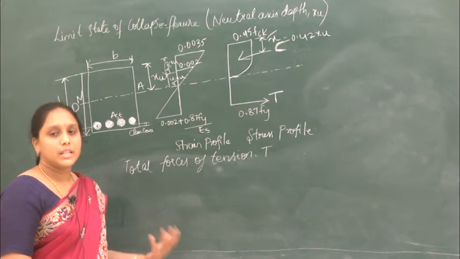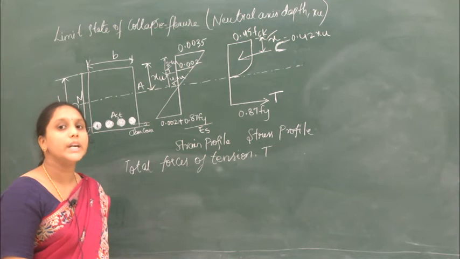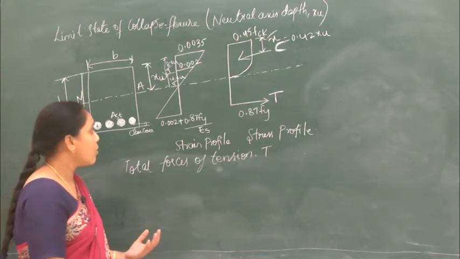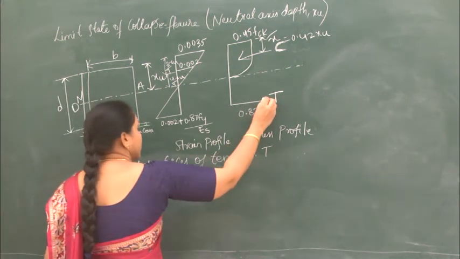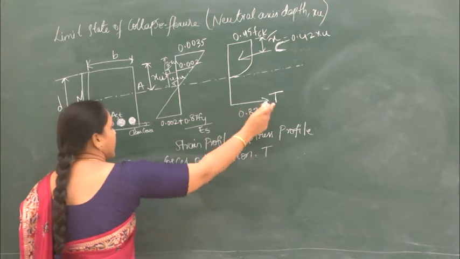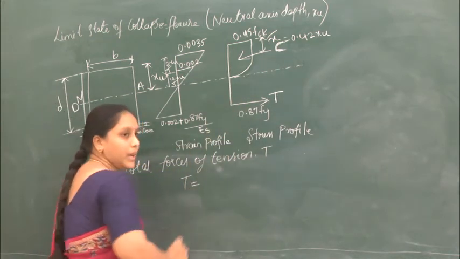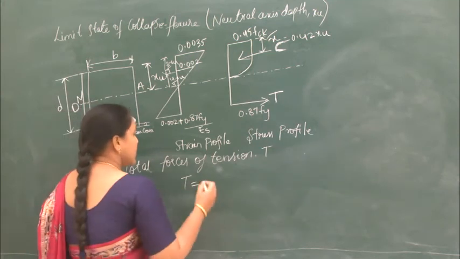That is, the tensile forces are not taken up by the concrete; the concrete tensile strength is ignored. So we have tensile forces present in the steel reinforcement itself. So T will be what? It will be stress into area. What is the stress?